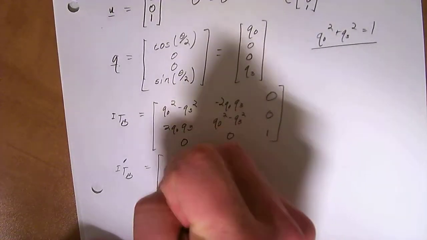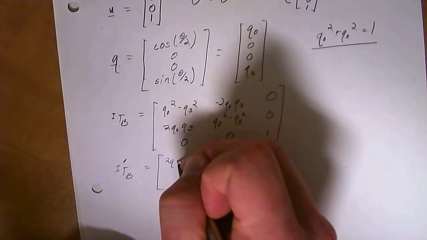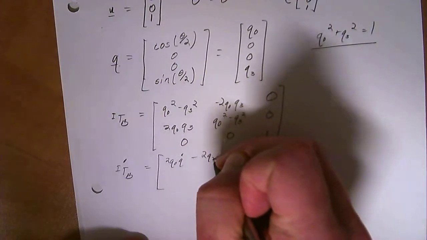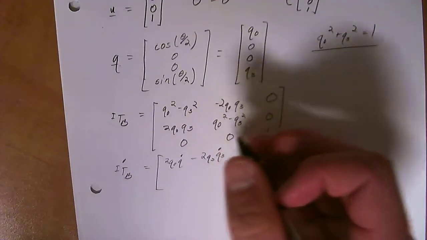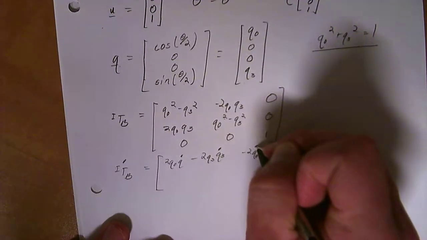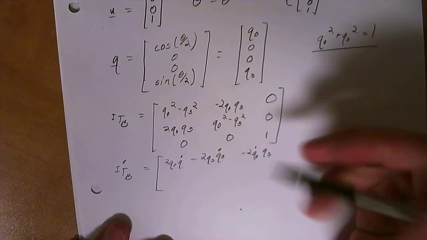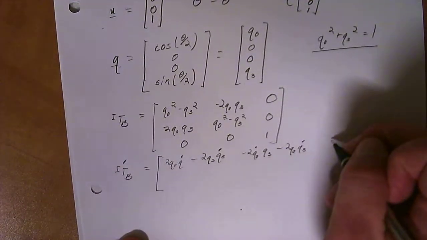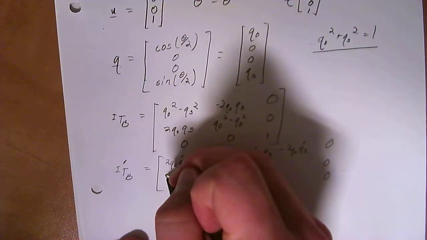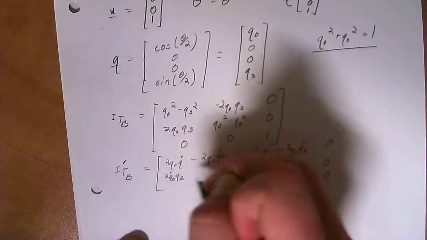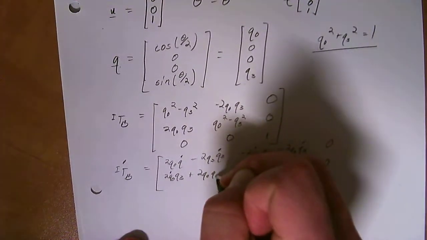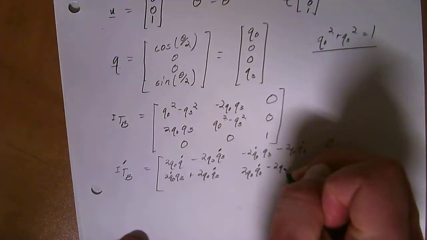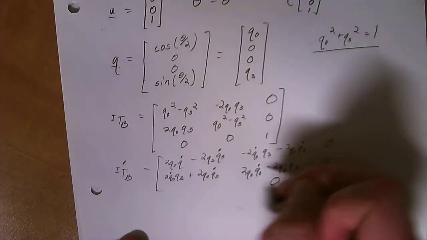ITB dot is equal to, taking the derivative of all this stuff, 2q naught q naught dot, which is a product rule and a power rule, minus 2q3 q3 dot, minus 2q naught dot q3, minus 2q naught q3 dot, 0 0 0, and then we have 2q naught dot q3 plus 2q naught q3 dot, 2q naught q naught dot minus 2q3 q3 dot, 0 0 0.